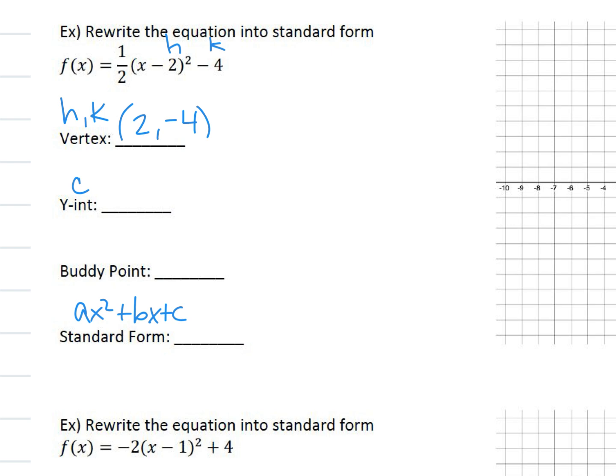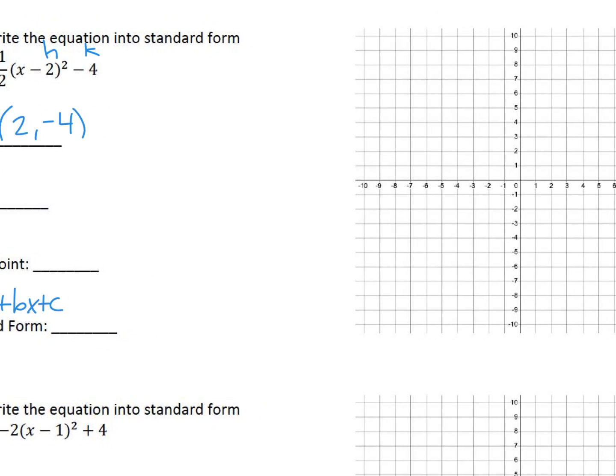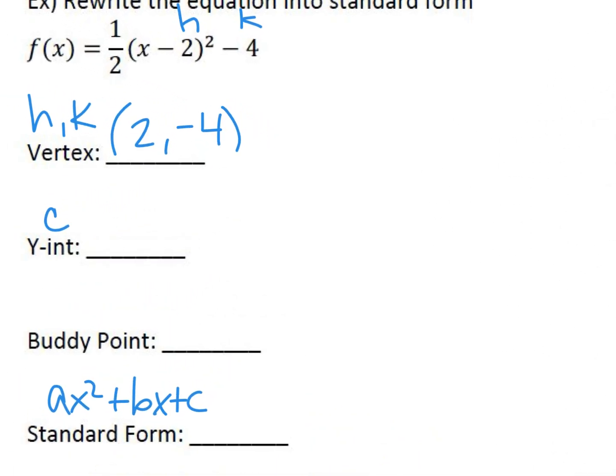But we do know that over here on our graph, 2, -4, I know that this is my vertex. Is this going to open up or down? Look at the sign of A. It's a positive. It is going to open up, okay? So we can double check that when we get there.